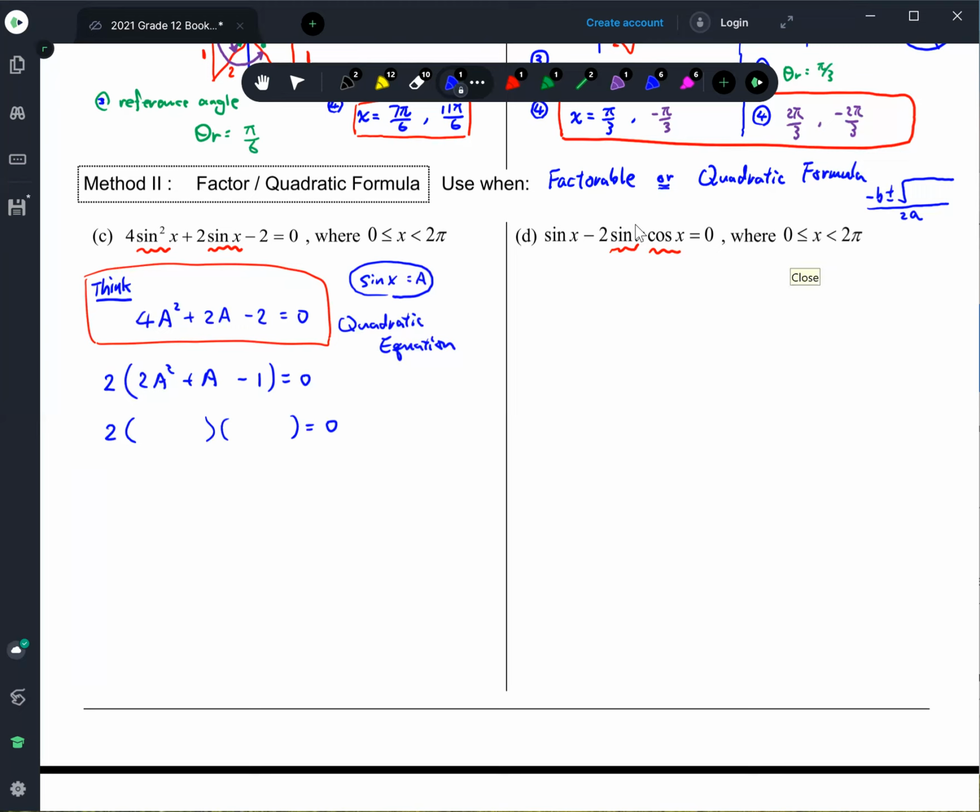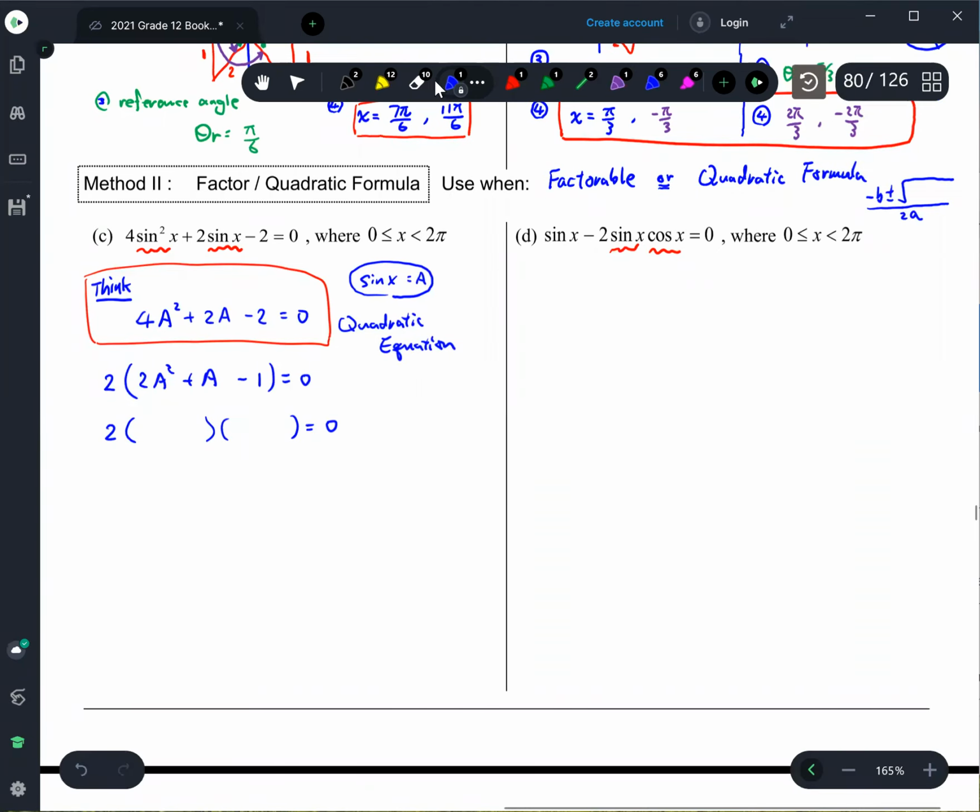Okay, how about I let everyone try it? So try to factor the bracket. Raise your hand if you found the 2 brackets after that. This one should be factorable. So anyone who has factored it, please raise your hand.